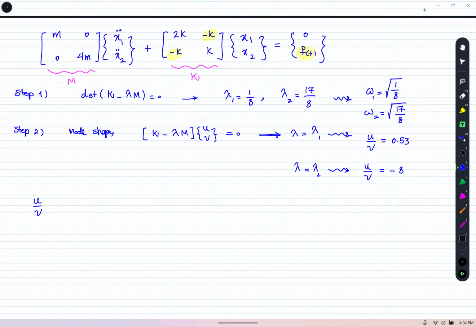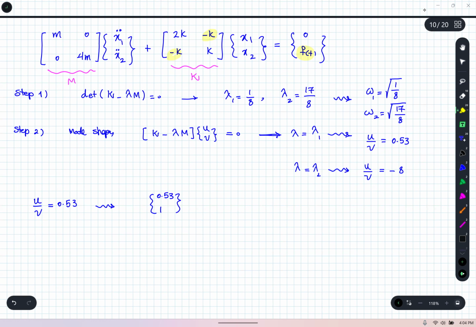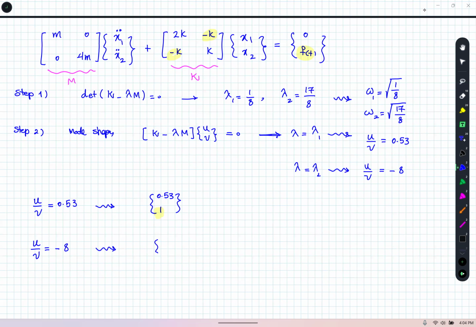So uv equal to 0.53. I can write the first mode, choose v to be 1, and this is 5.3. Remember, that's one way to show it. These two are the same, but typically we'll show it in a vector format like that. And uv equal to -8. Again, I choose v equal to 1, which means it is -8 there.